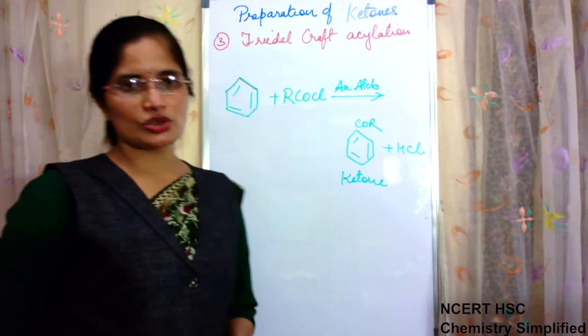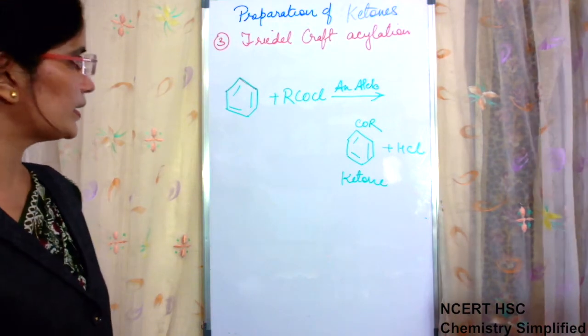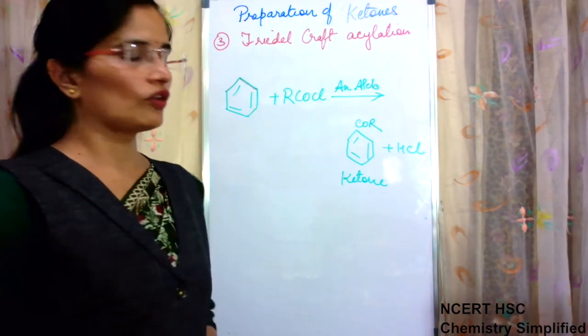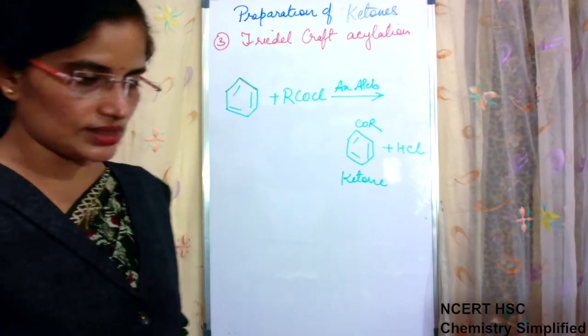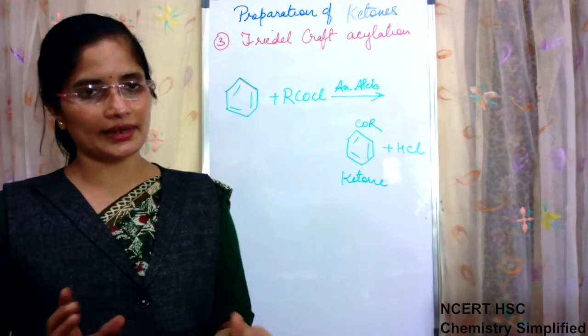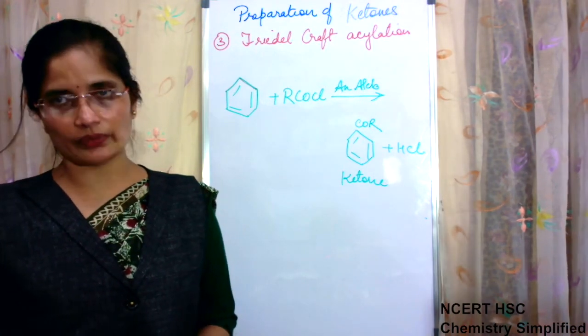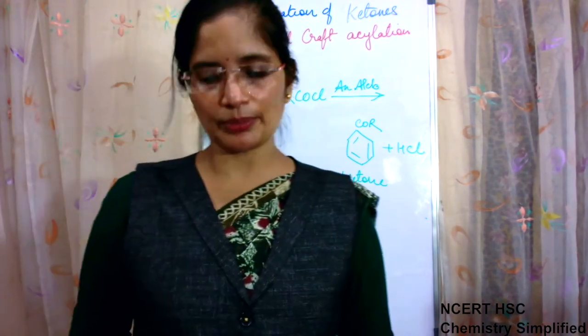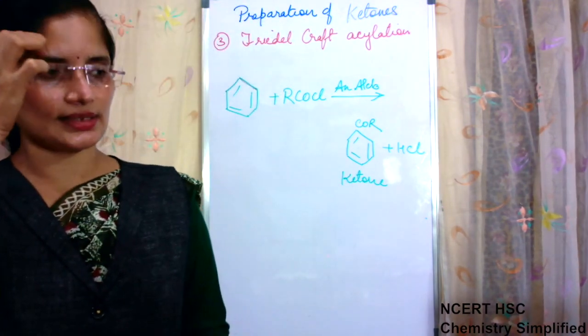Okay, so ketones can also be prepared by Friedel-Crafts acylation of benzene. So this completes your preparation methods of aldehydes alone and ketones alone. Now in the next class we will start with the chemical properties of aldehydes and ketones.